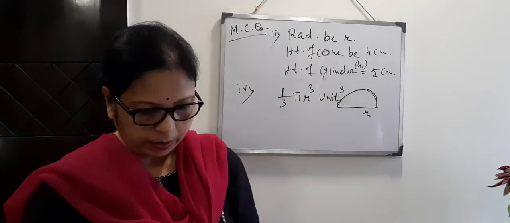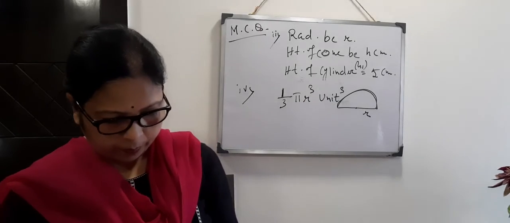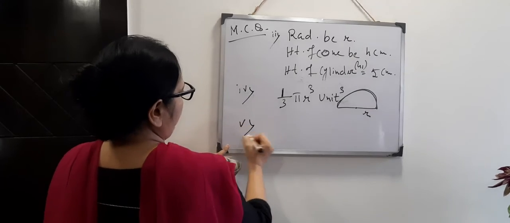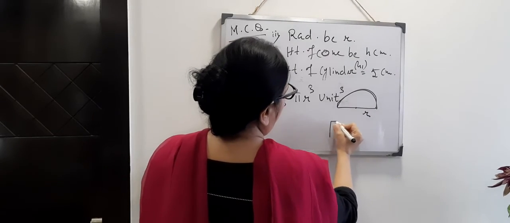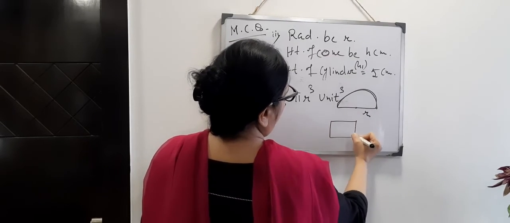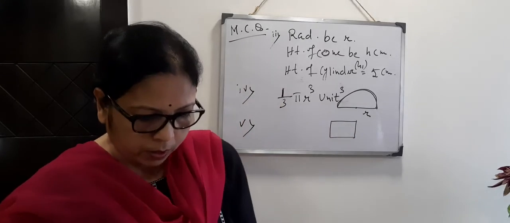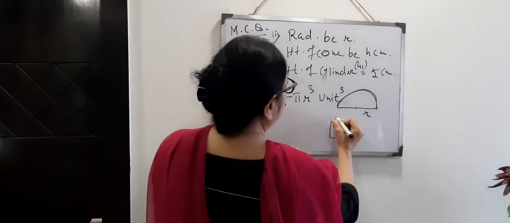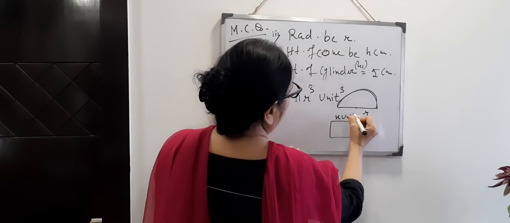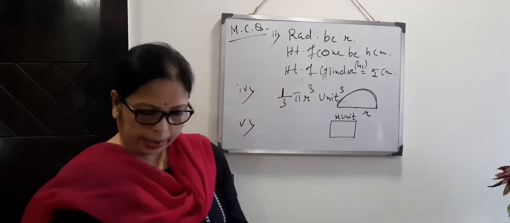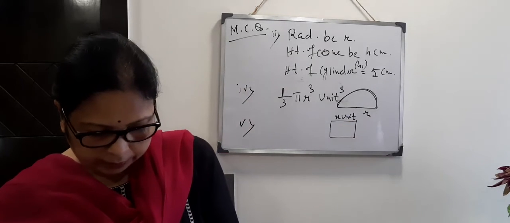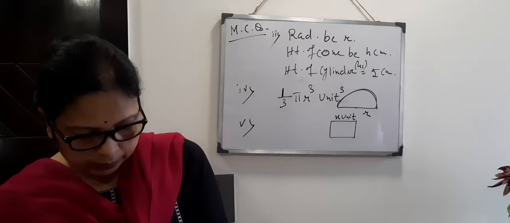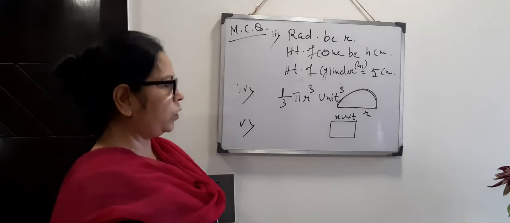And next, number 5. If from a solid cube with edge of x unit length, the largest solid sphere is cut out, then the length of the diameter of the sphere.